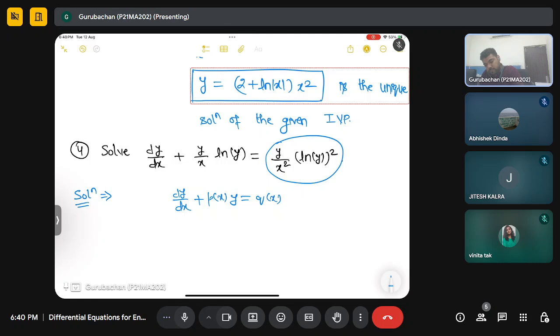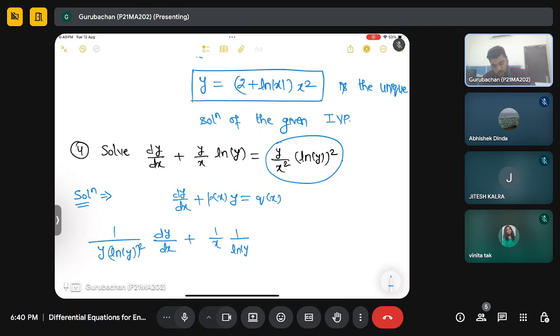Therefore, rewrite as 1 by y ln y whole square dy by dx plus 1 by x into 1 by ln y is equal to 1 by x square.